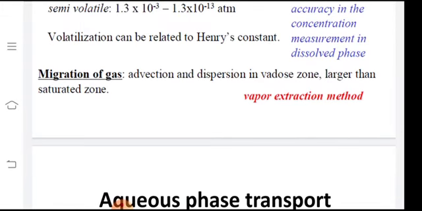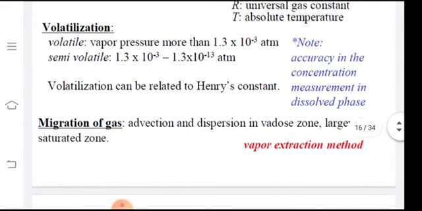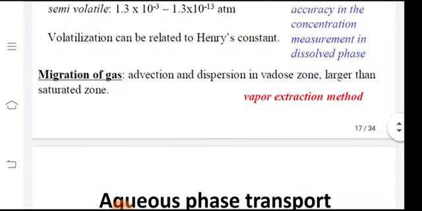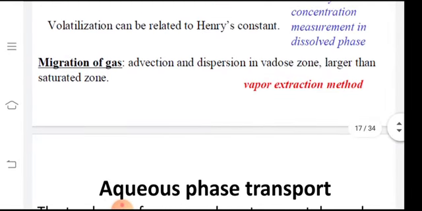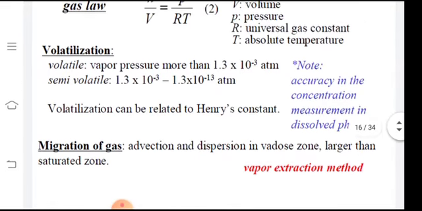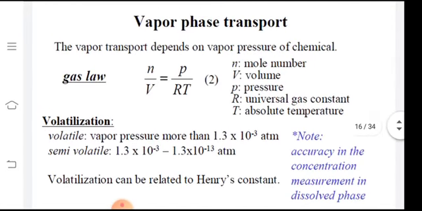And the vapor extraction method can be used, because by using wells installed for vapor collection, we can get this removed. So the vapor extraction method can be adopted to clean this kind of behavior, vapor transport.